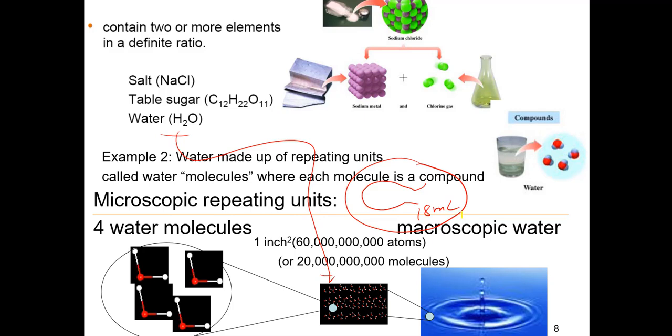It turns out that this many molecules of water can actually fit in 18 mL. That's how small they are. So that's why we have to make models, just because we don't have any instruments that can resolve that small a distance.